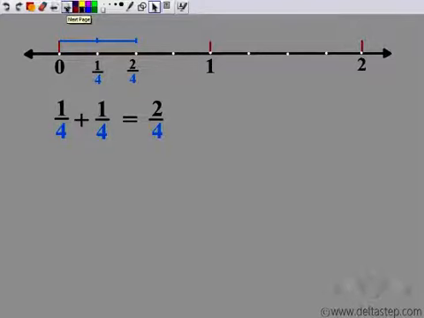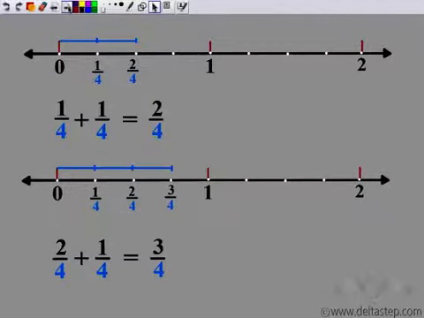We had seen that 1 by 4 added 2 times, 1 by 4 plus 1 by 4, gives me 2 by 4. Similarly, if I add another 1 by 4 to this 2 by 4, I get 3 by 4. So what is happening is that the denominator is not changing and the numerator is getting added. 1 plus 1, 2, denominator is not changing.